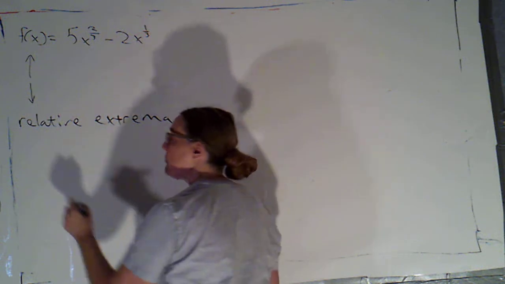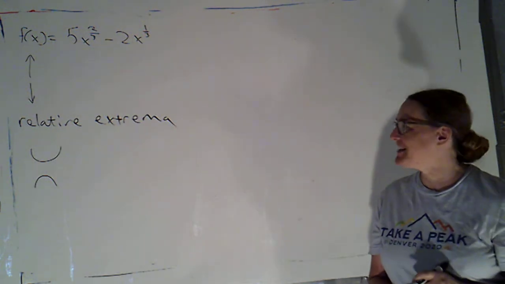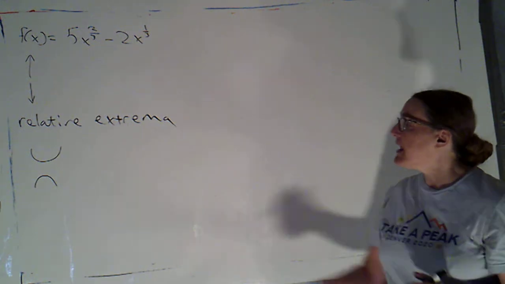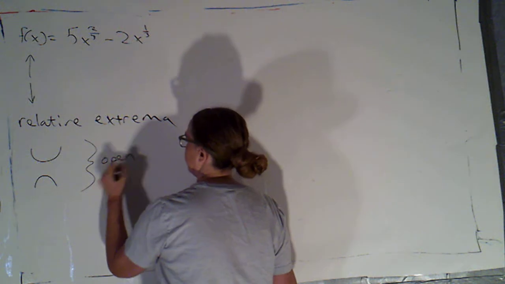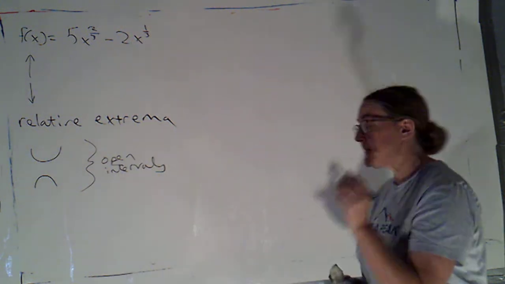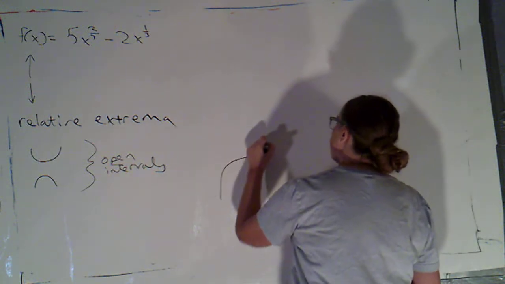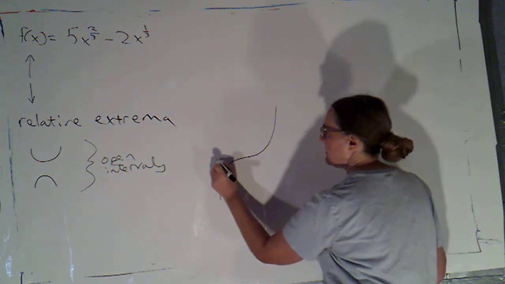Okay. And then I want you to find me the intervals on which it's concave up and concave down. Okay. Now for these will always be open intervals. And that's because when the concavity changes, I can see the concavity changes right around there.